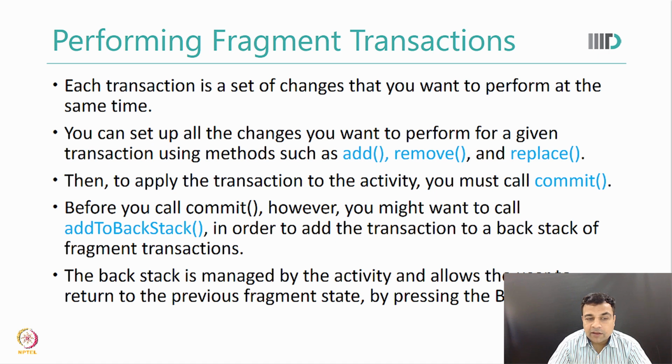Then to apply the transaction to the activity, you must call commit. However, if you want to add the transaction to the backstack, you may also want to call addToBackStack before you call commit. This backstack, as told to you earlier, is managed by the activity and allows the user to return to the previous fragment state by pressing the back button.